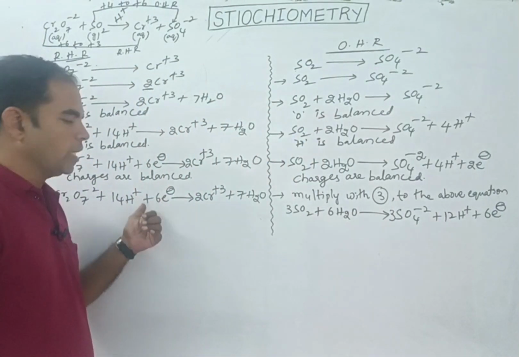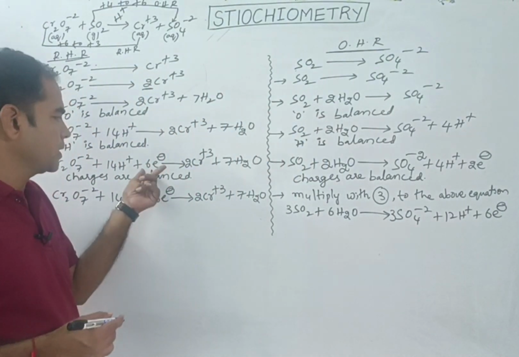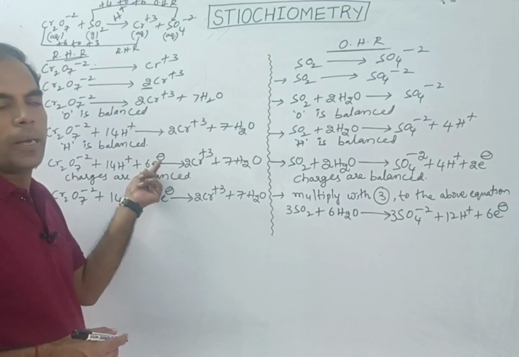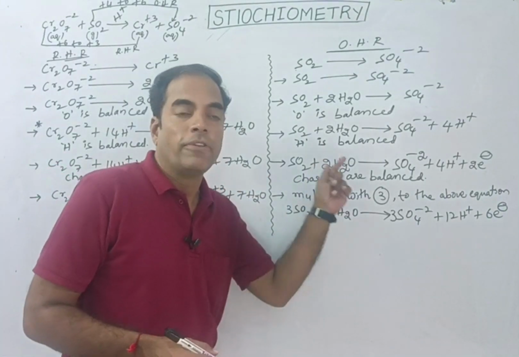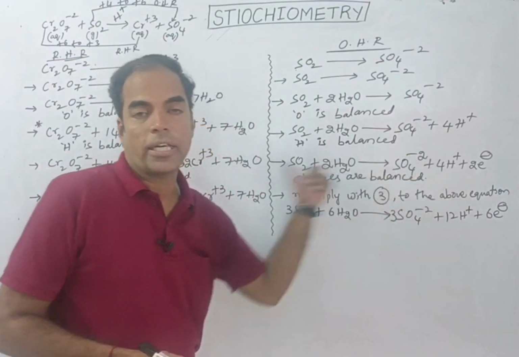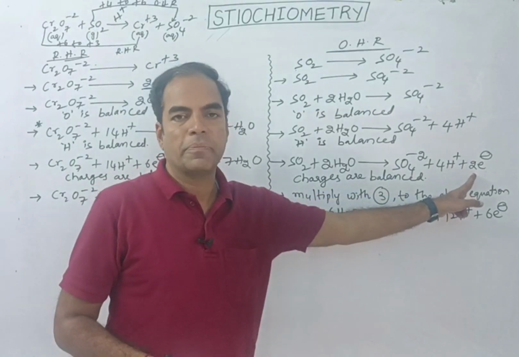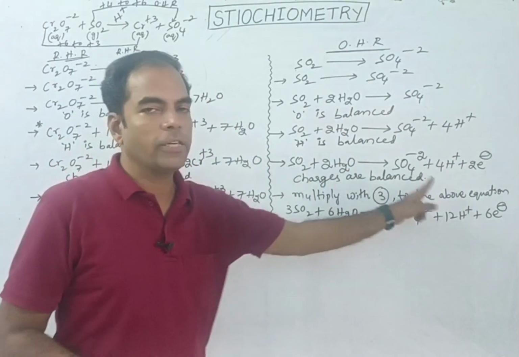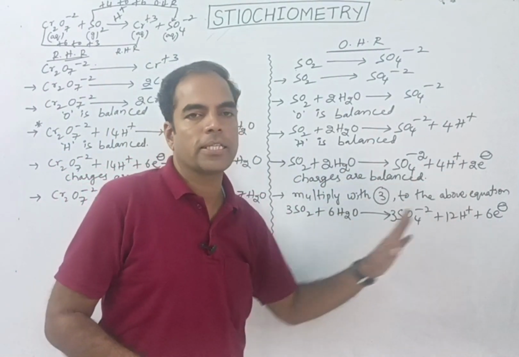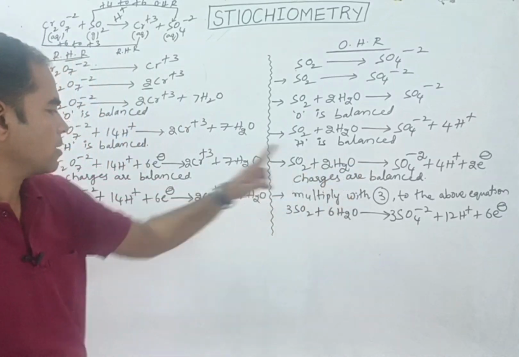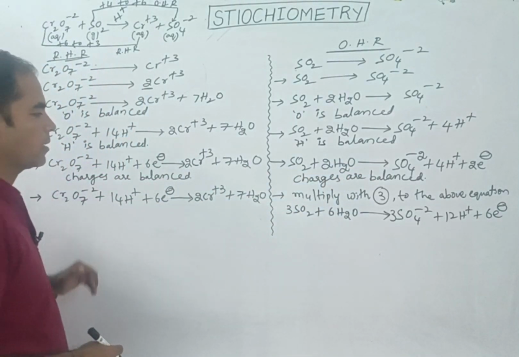Why here no need to multiply with a suitable number? Already 6 electrons are present. By multiplying with which number are electrons equal? Here 2 electrons are already present. Multiply the total equation with 3, then we get the 6 electrons. Here also 6 electrons, on the left side also 6 electrons.